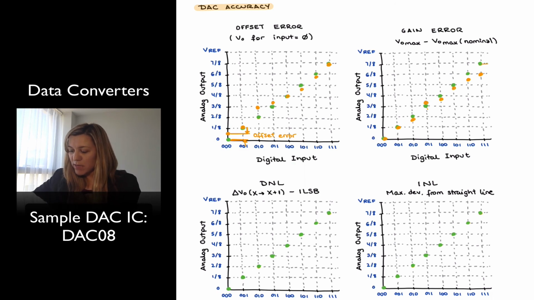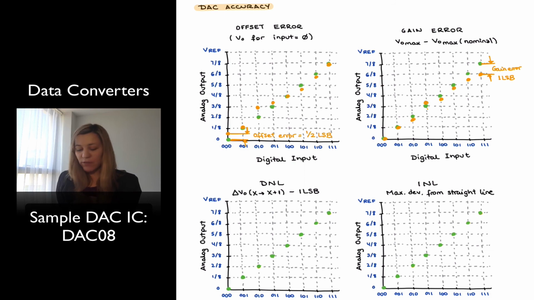Well, if I look at my maximum nominal output voltage and my actual maximum output voltage, this will be my gain error, the difference between the two. So in this case, it's about 1 LSB. In the case of my offset error before, this was about half an LSB. The LSB being each one of those grid lines represents one LSB.